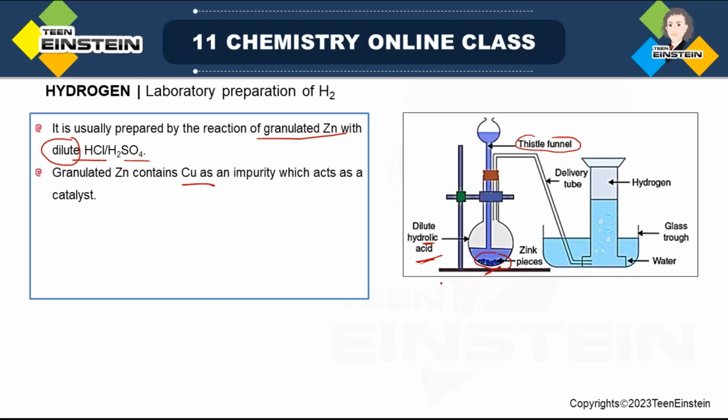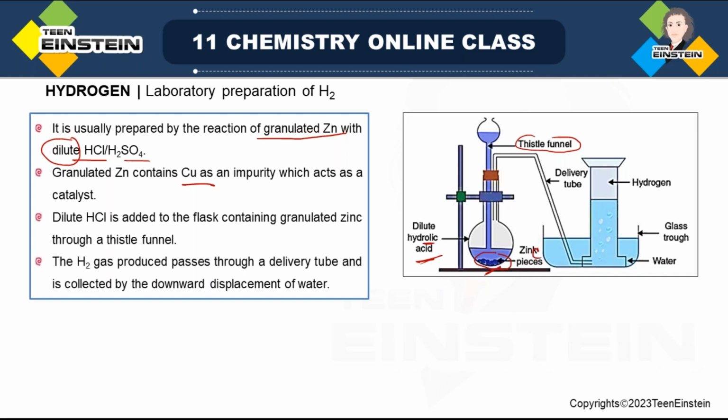There are already zinc pieces present in the flask. Once the zinc is in contact with the acid, there will be formation of hydrogen. The balanced equation is 2HCl plus Zn gives ZnCl2 plus H2.